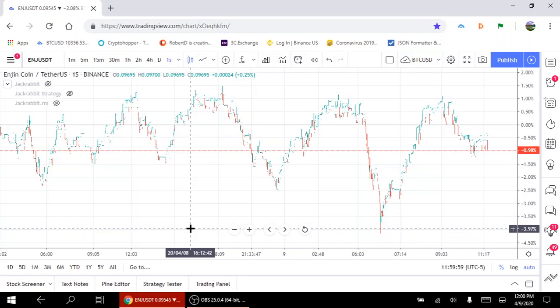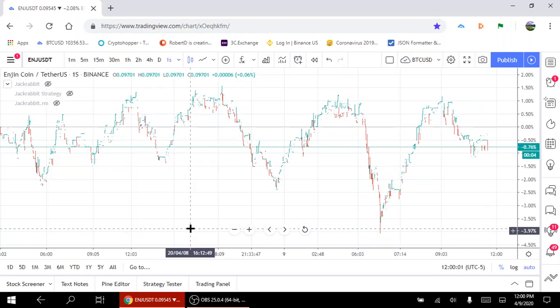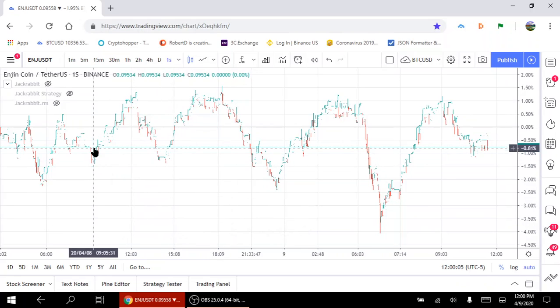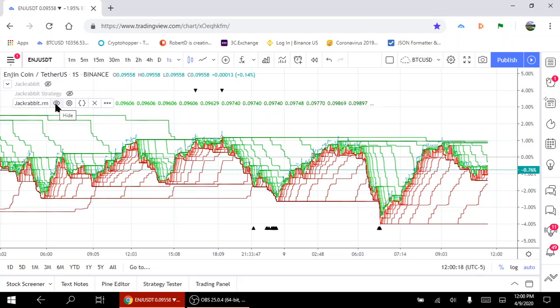I'm going to start with the first component, risk mitigation. Now I've already loaded Jackrabbit, I've loaded the Jackrabbit strategy, and I've loaded the visual for risk mitigation, the Jackrabbit RM module. Now this is the default settings, heavy.